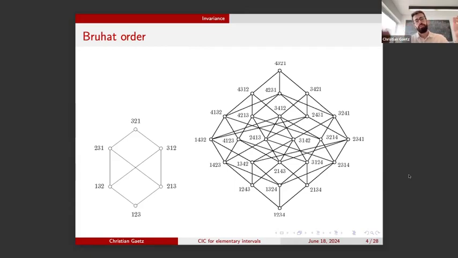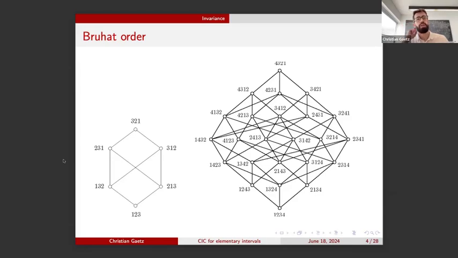So the relevant combinatorics is going to have to do with Bruhat order. This is a partial order on the set of all permutations of n. On the left here, we have the partial order for S_3. We can see that the permutations are graded by the number of inversions they have. For example, 2 3 1 has 2 inversions, the 2 before the 1 and the 3 before the 1, which is why it's at height 2.